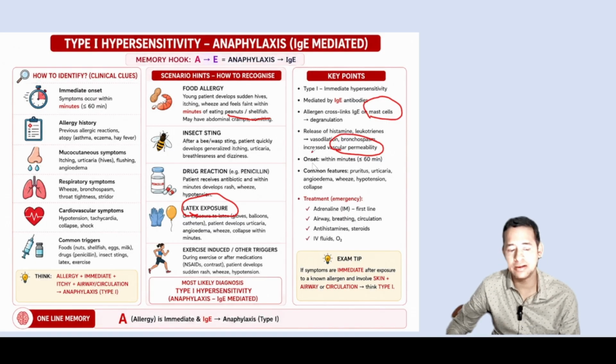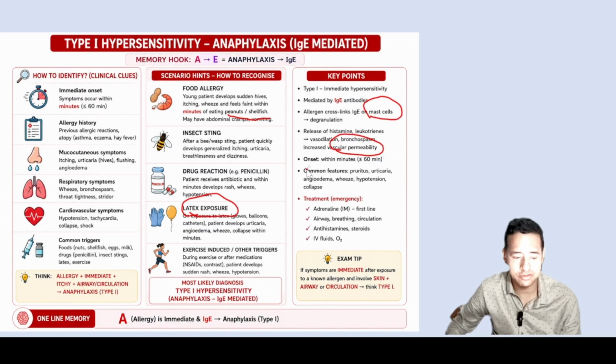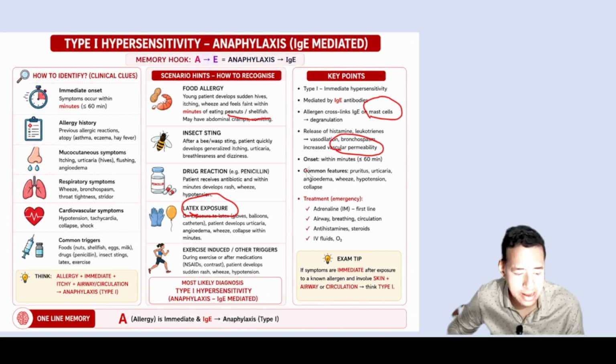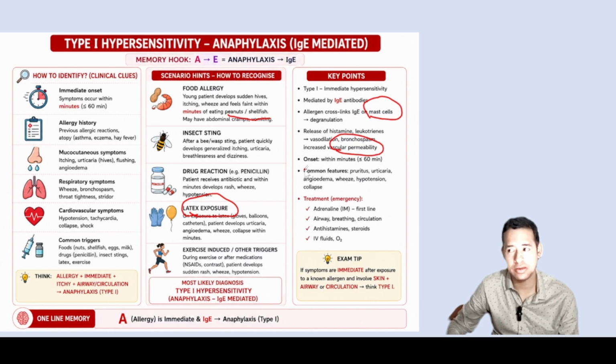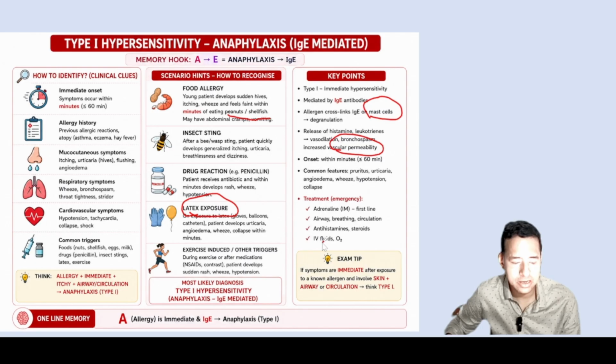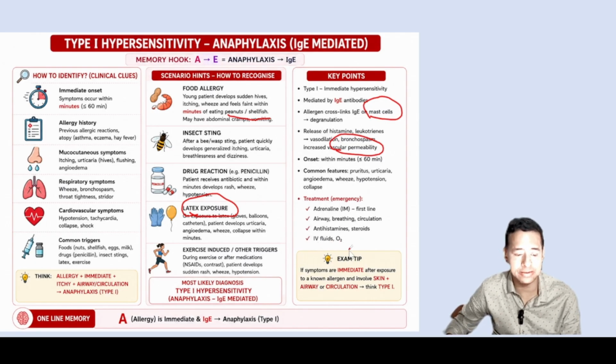Treatment here is intramuscular adrenaline, which is the first line treatment, and you have to follow the airway, breathing, circulation procedure. Antihistamine and steroids can be given for any other allergens detected. Next is IV fluid with oxygen for breathing difficulty.